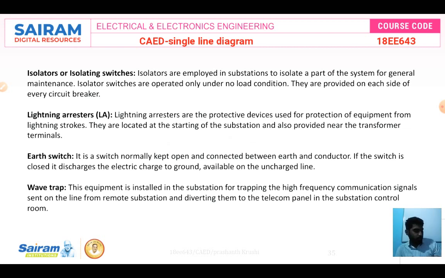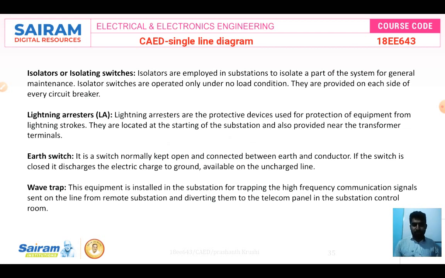For the remote substation, delivering to the telecom panel, substation control room. If there is controlling from substation to substation, I mean signal controlling or communication lines, the communication must be done properly. It should not be distracted by the other communication lines.